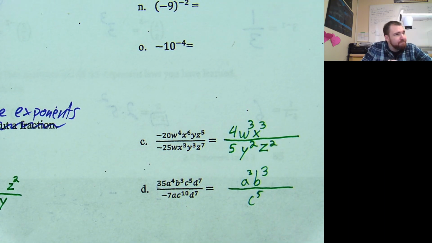Where'd you get the d from? Yeah, but look at the d's. Why not? Because it's going to be d to the 0, and d to the 0 is 1, and when you multiply by 1, we don't have to write it. So the d's are just gone. Yeah, they become 1.